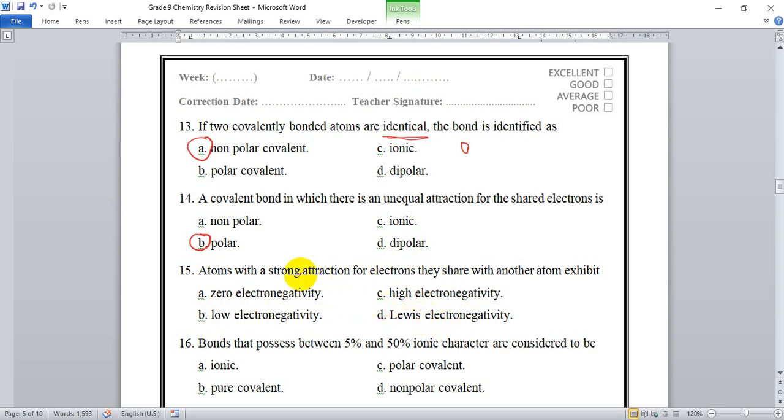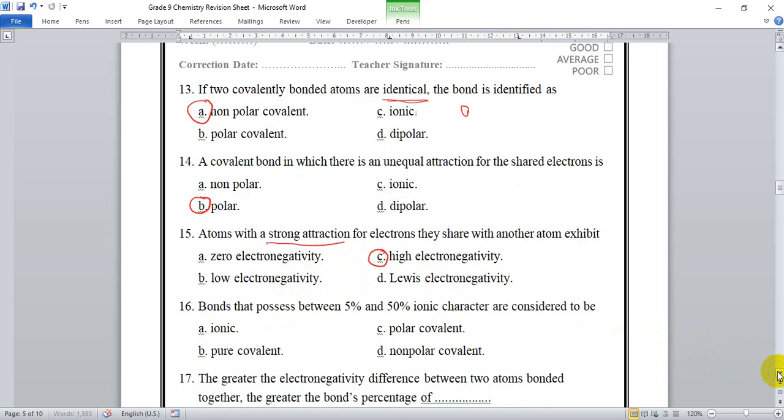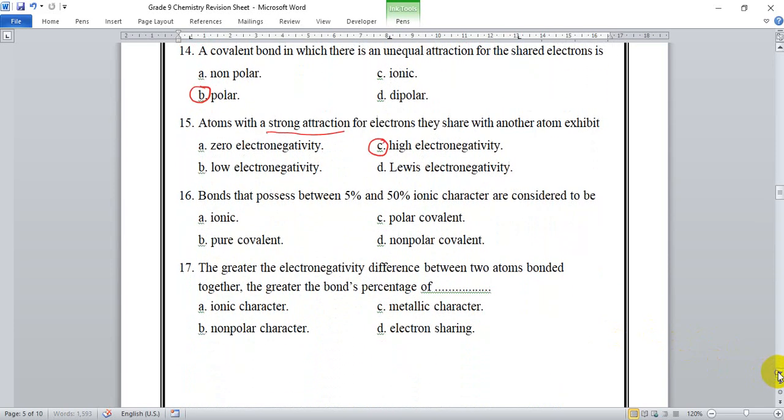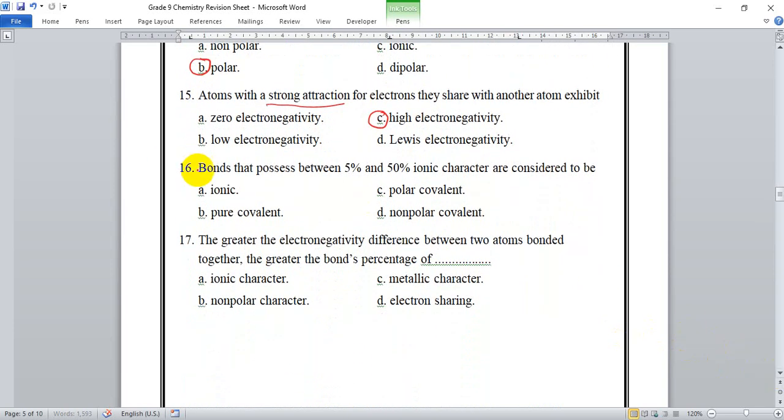Strong attraction means high electronegativity. More electronegativity, more attraction.